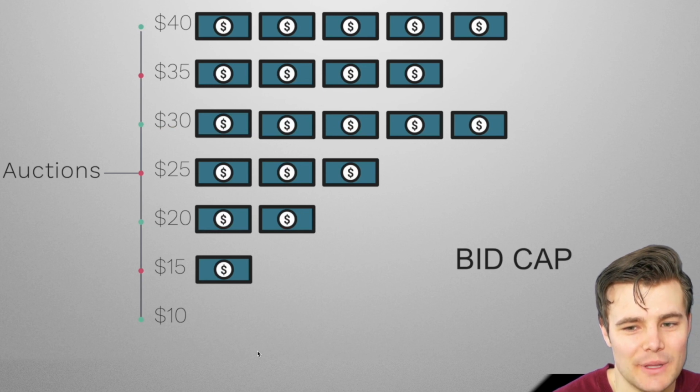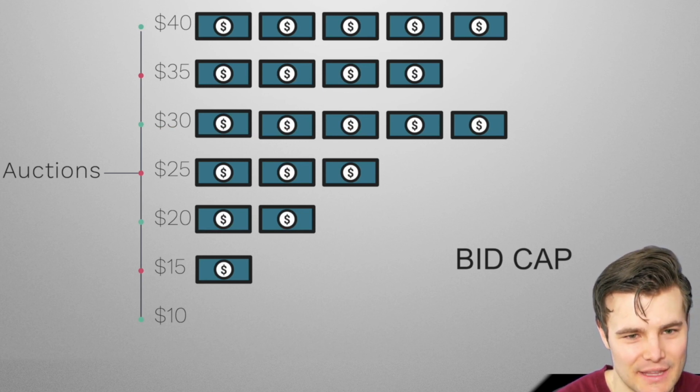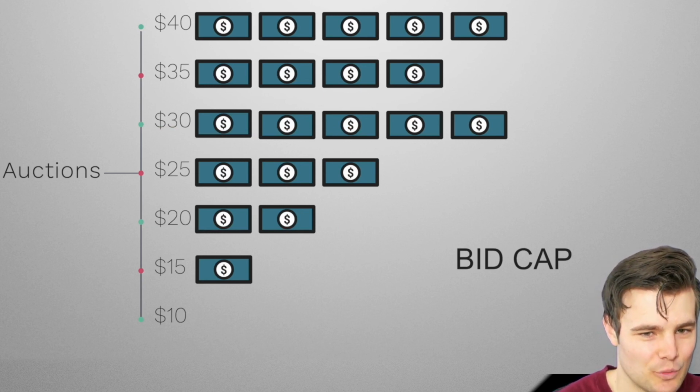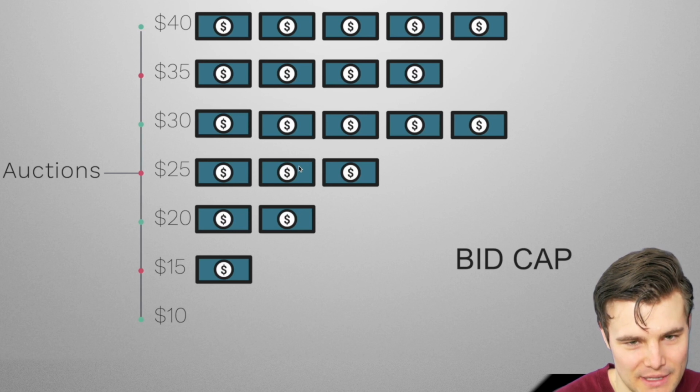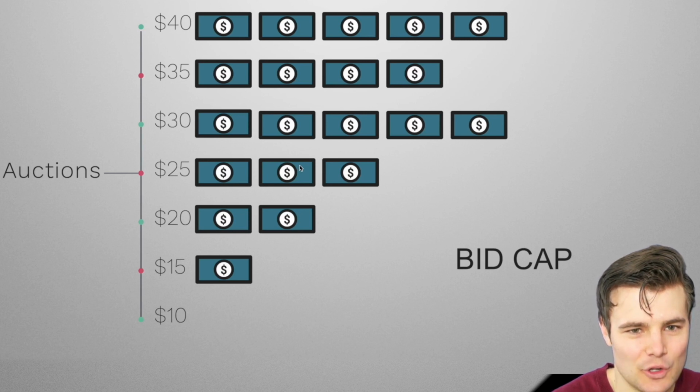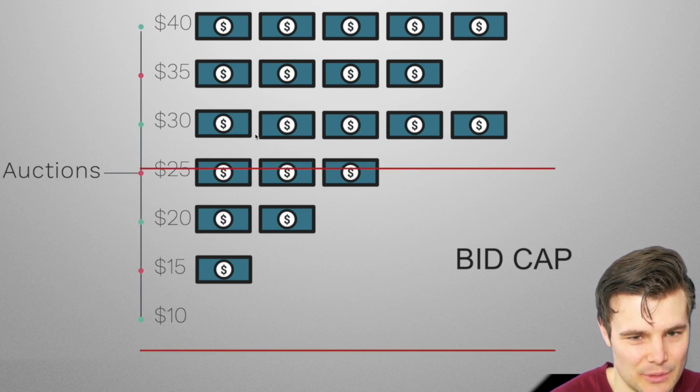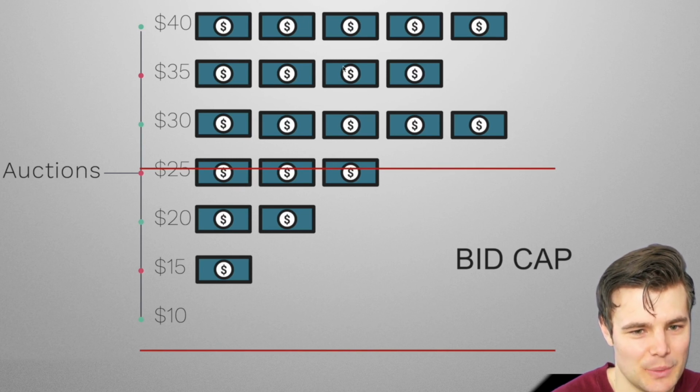Okay, next up we have bid cap. So we're going to set the exact amount that we're willing to bid. In this example, again, we'll say it's right at $25. It could be anything. And in this example, we're actually not going to bid on any auctions that are more expensive than that, even a little bit more expensive. So it'll be right at 25. So none of these auctions above this, it's going to enter.